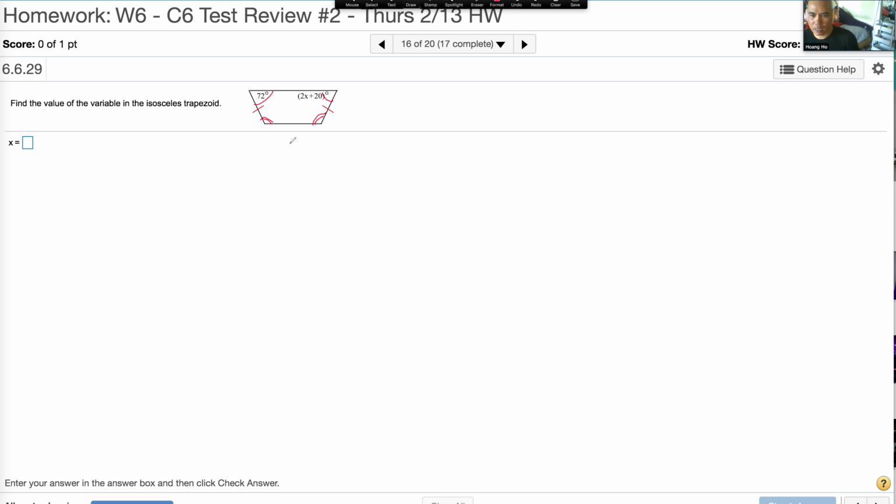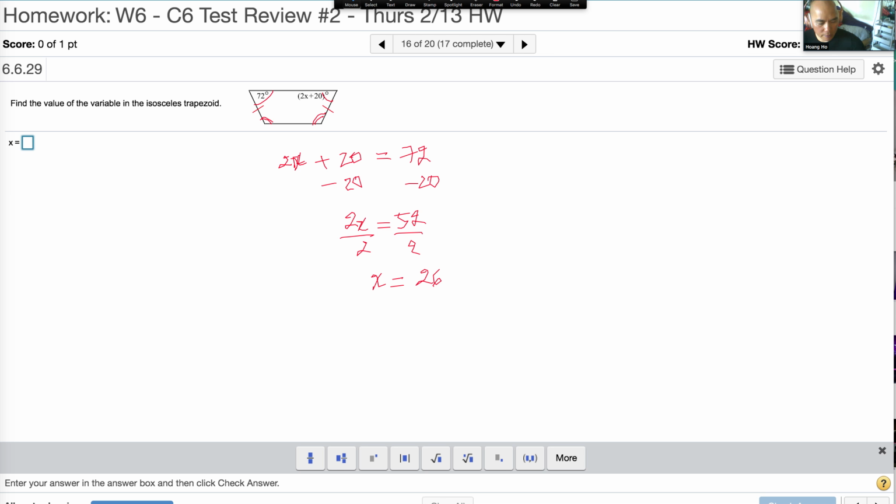So I would set up 2x plus 20 equals 72. I solve for x: I don't want 20 here, I subtract 20 on both sides, I come out 2x equals 52. Divide by 2 on both sides, I come out x equals 26. So the answer is 26.